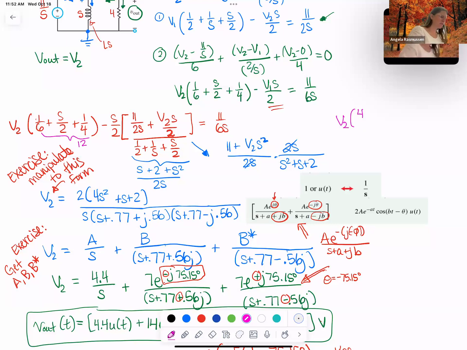So this is going to give 2 over 12, 6S plus 3 over 12.